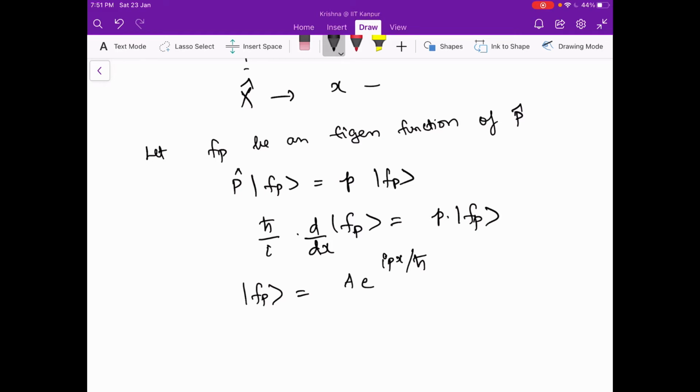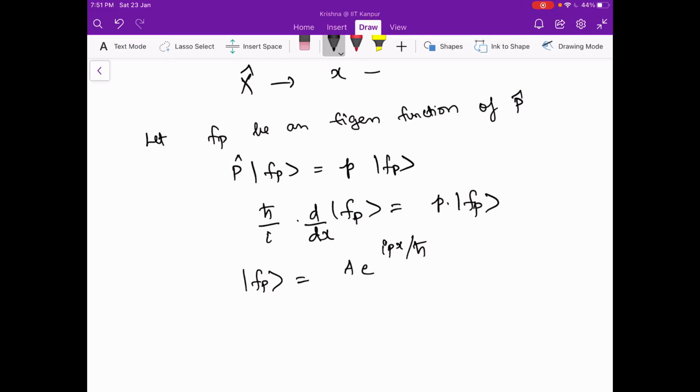So for this operator p defined in this particular fashion, the eigenfunctions are a family of functions with p being anywhere on the real line. You can have an infinite number of functions which are eigenfunctions of this, each of them having its own p, and you can have an infinite number of p's, all of them lying on the real line.